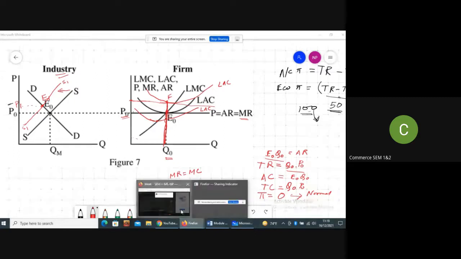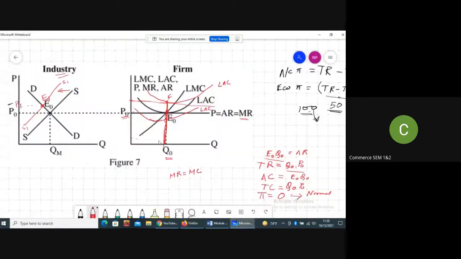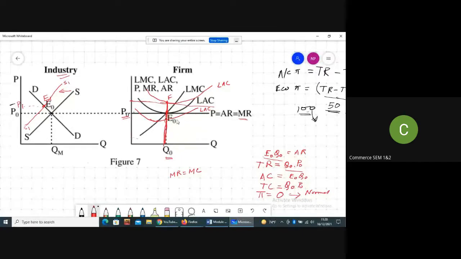Okay. So if the LAC curve is somewhere like this, then what will happen?